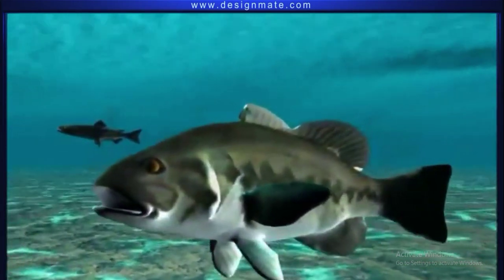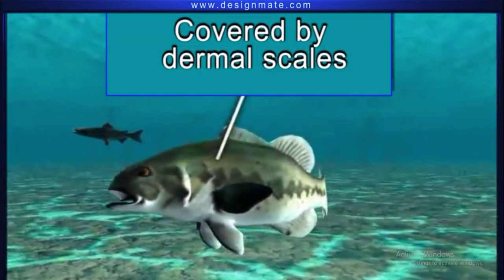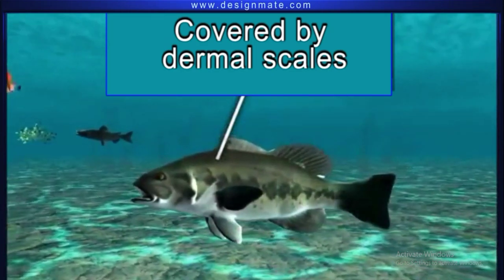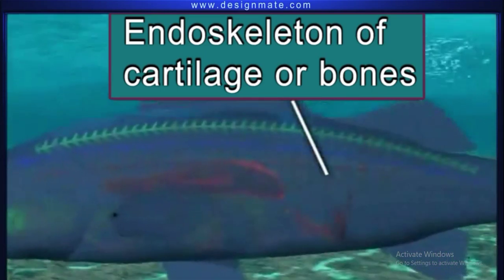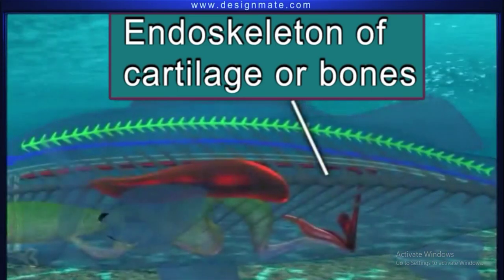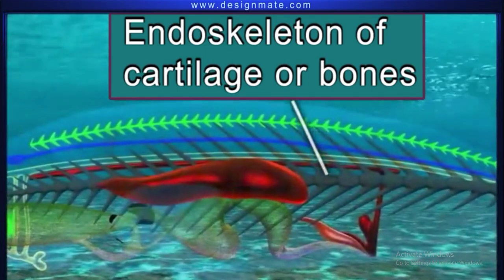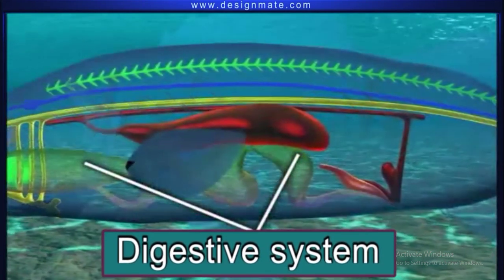The skin of most bony and cartilaginous fish is covered by dermal scales. Endoskeleton is made up of either cartilage or bones. The digestive system is well developed.